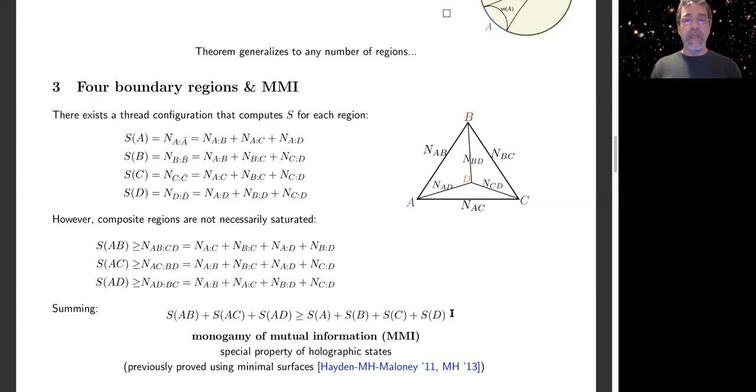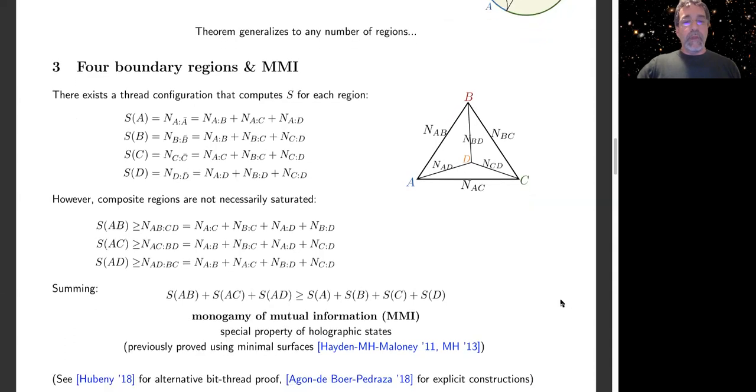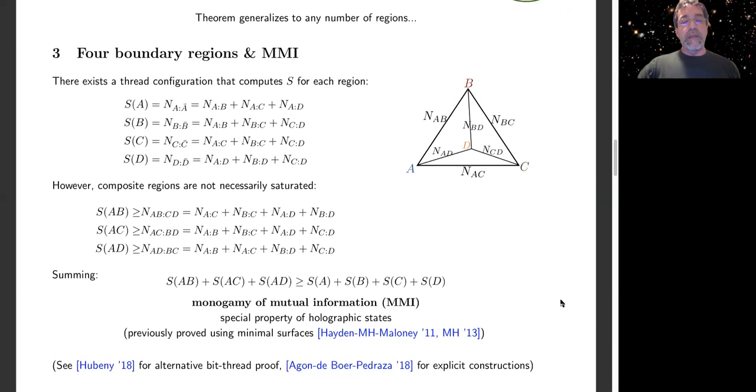But it's never been really clear, a little more concretely, what it is about holographic states that makes this property hold. And it's nice to have a new proof.